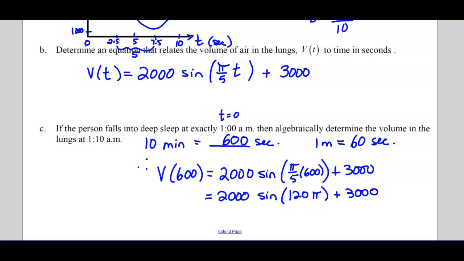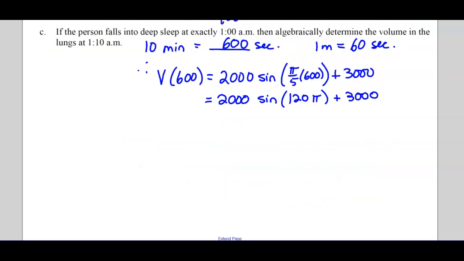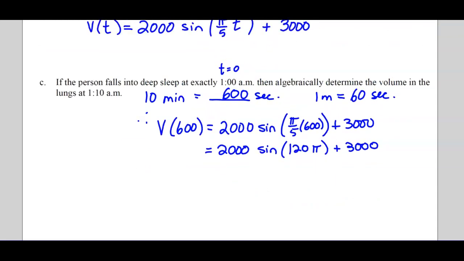That's 0, 1, root 2 over 2, root 3 over 2. It's divisible by 2. 2 pi goes into that evenly. So that is going to be coterminal with 0 radians, or 2 pi radians, or 0 degrees, whatever you want to think about. And so the sine on the horizontal axis is always 0. So this is just going to be 3,000. And this is milliliters.